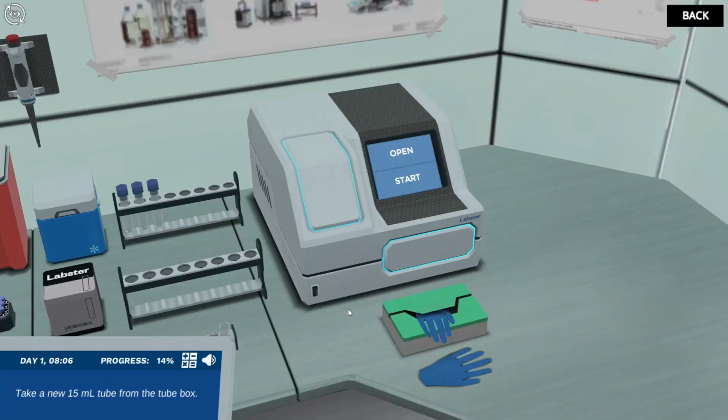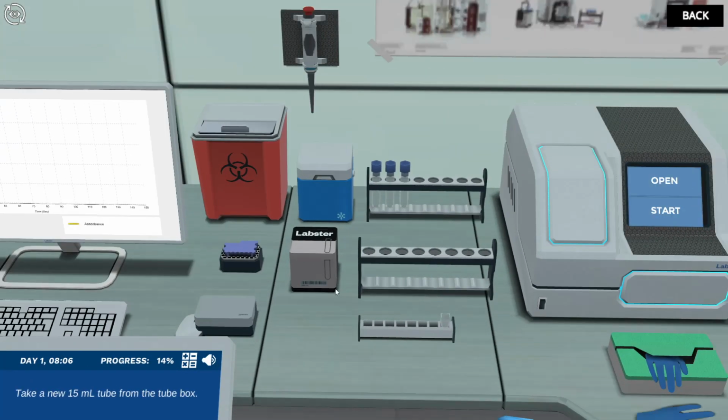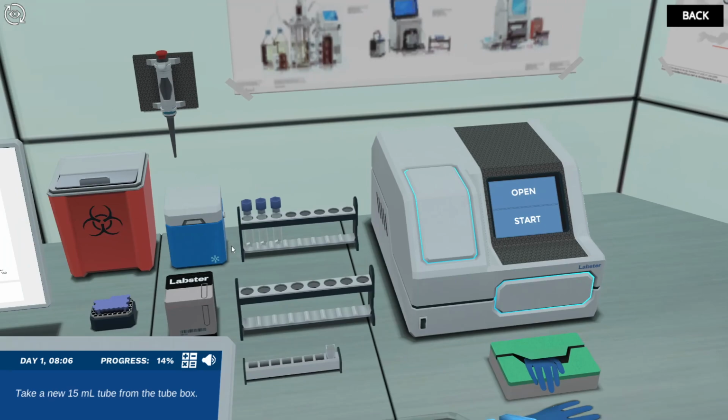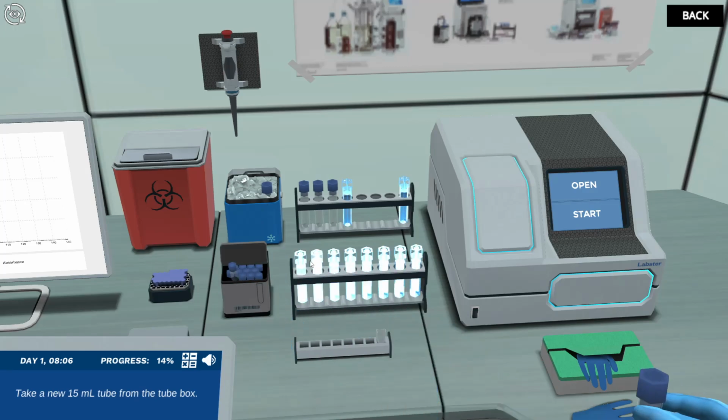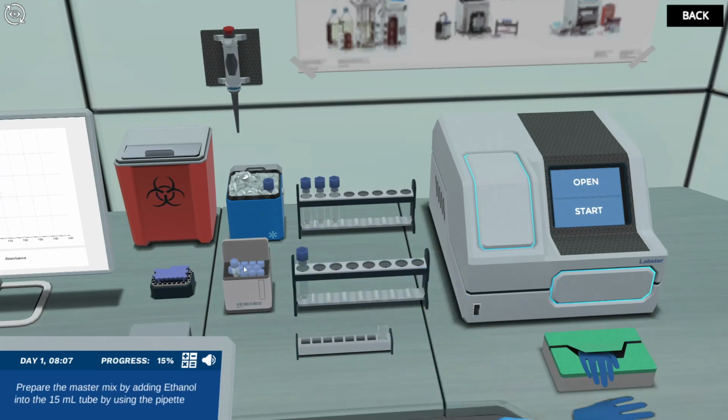Take a new 15 ml tube from the tube box. Prepare the master mix by adding ethanol into the 15 ml tube by using the pipette.